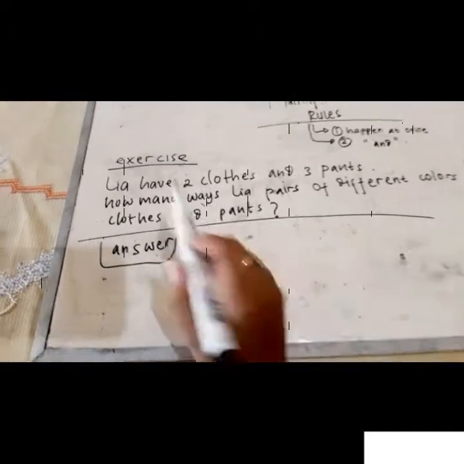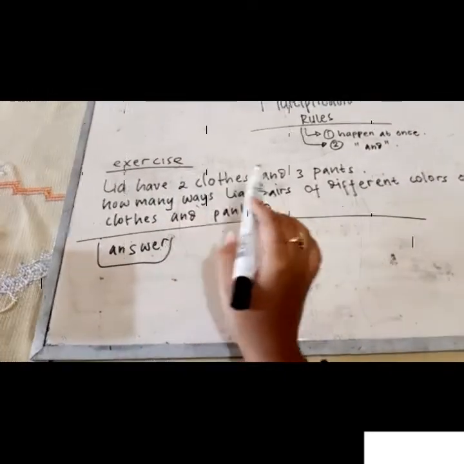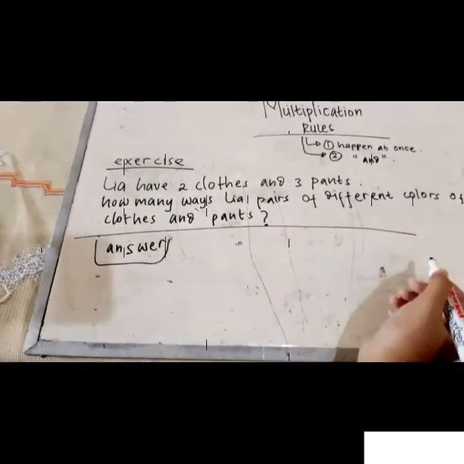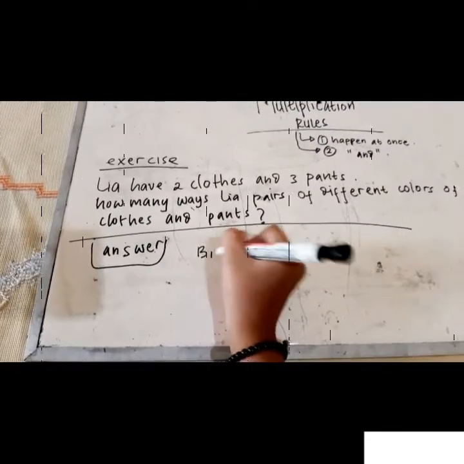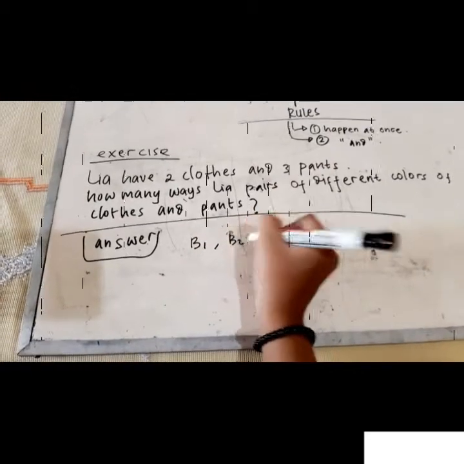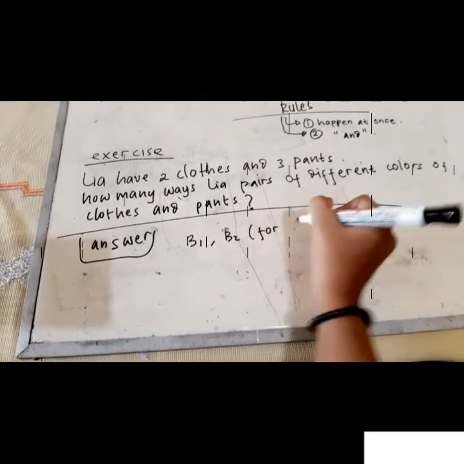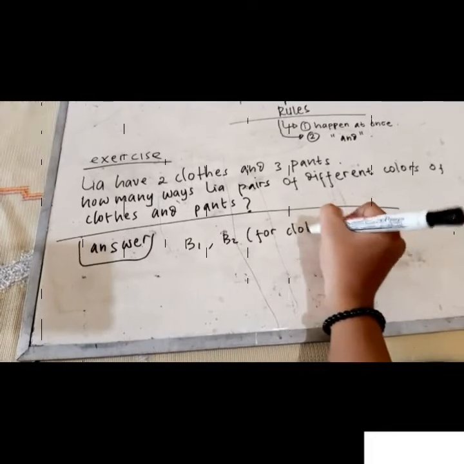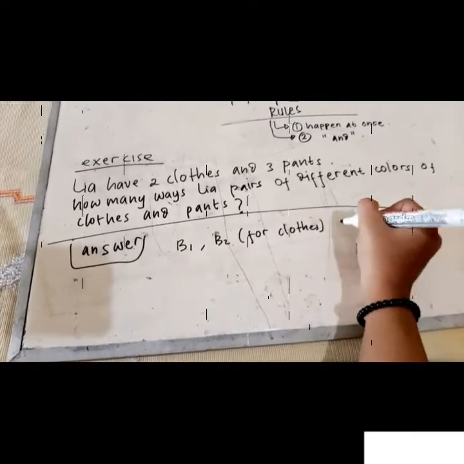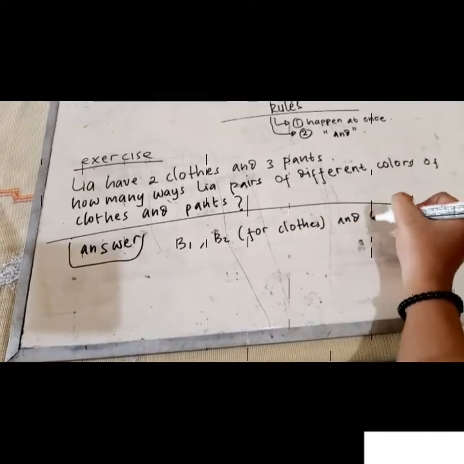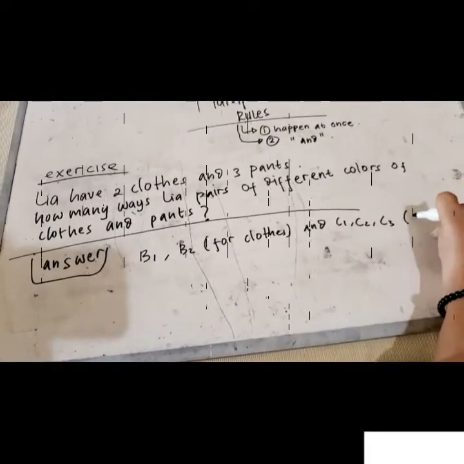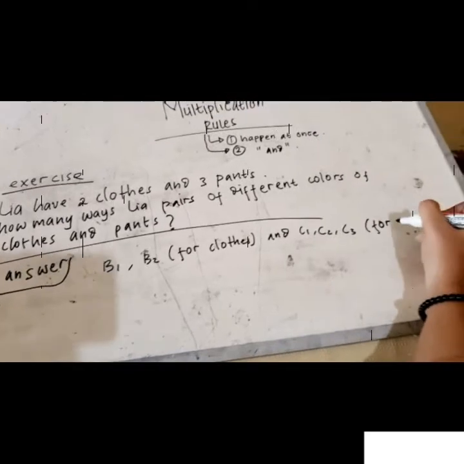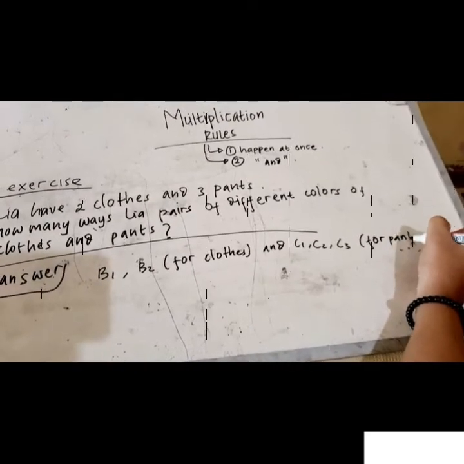Okay, next, Leah has two shirts. That means we can write them like P1, P2 for shirts, and C1, C2, C3 for pants.